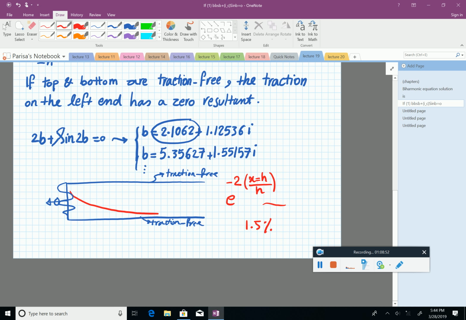So the stress from 100 goes to 1.5%. So it tells you that if you go half the width of the beam, the effect of the boundary is already about 1%.